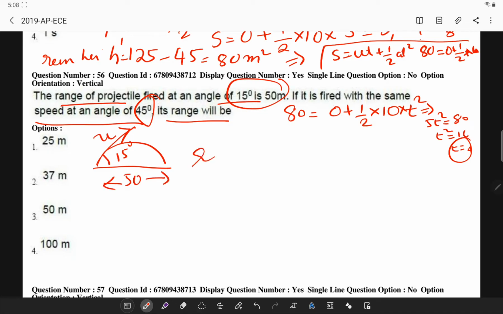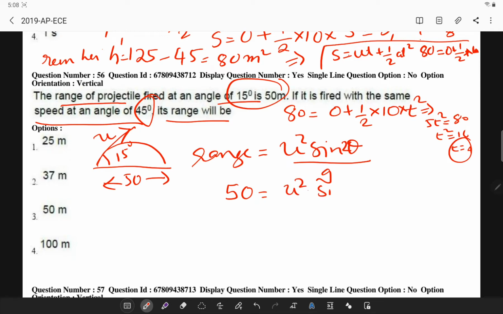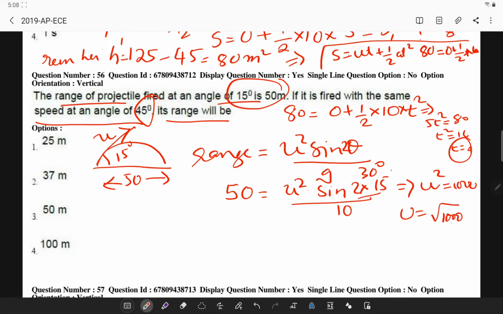Generally the range formula is u square sin 2 theta by g. Therefore, if we substitute 50, the range is 50 meters, u square into sin 2 into 15, which is sin 30 degrees, divided by g value 10, I will be getting u square is equal to 1000, or u is equal to root 1000 meters per second.